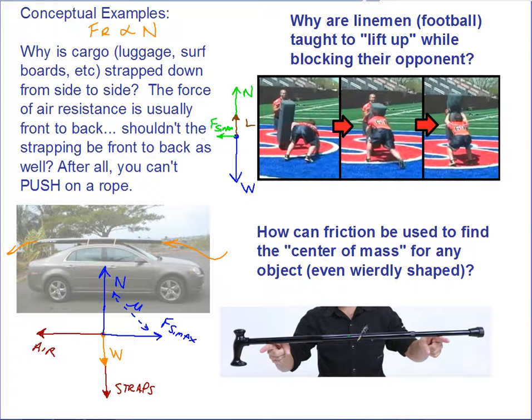Now, this one down here is a little bit harder to see just on this particular static diagram, but you can find the center of gravity on any object by sort of sliding your hands in.